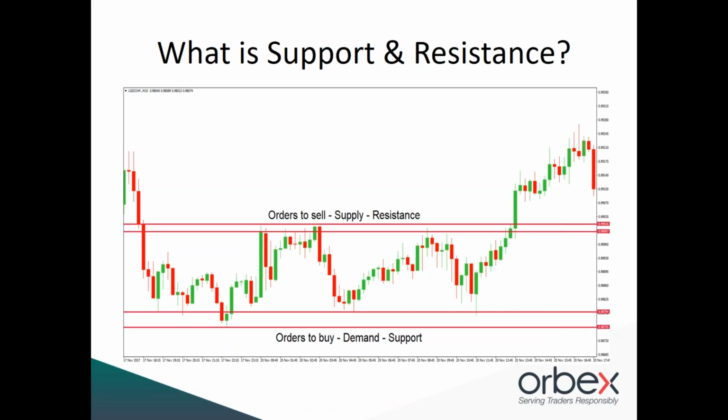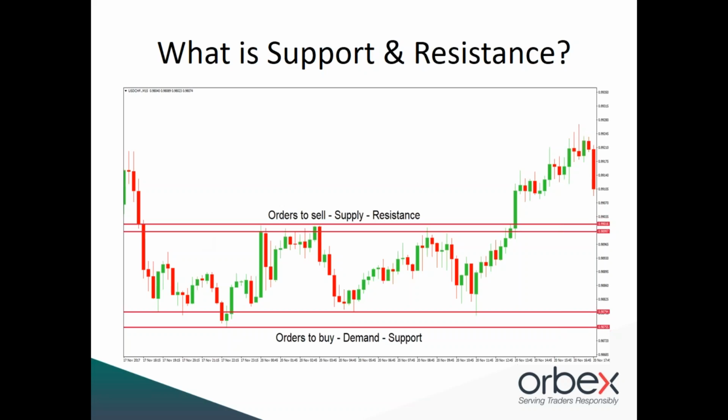And again, this goes back to that underlying order flow dynamic that creates support and resistance. So previously, where we identified that orders to buy create demand, which creates support levels, and orders to sell create supply, which creates resistance, well, once these areas are broken, what we typically see is a shift in the status of that level.